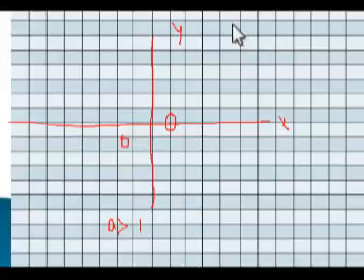For x greater than 1, the graph will come closer to the y-axis and just pass by it, but not touch the y-axis. This is y equal to log of x base a, where base a is greater than 1. So this is the graph of the logarithmic function.